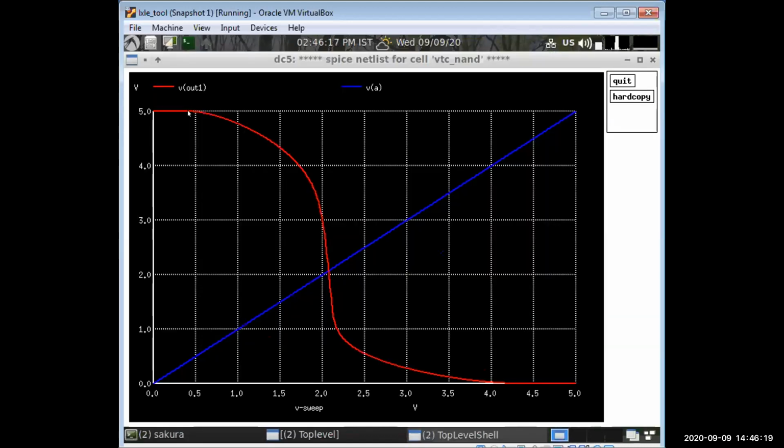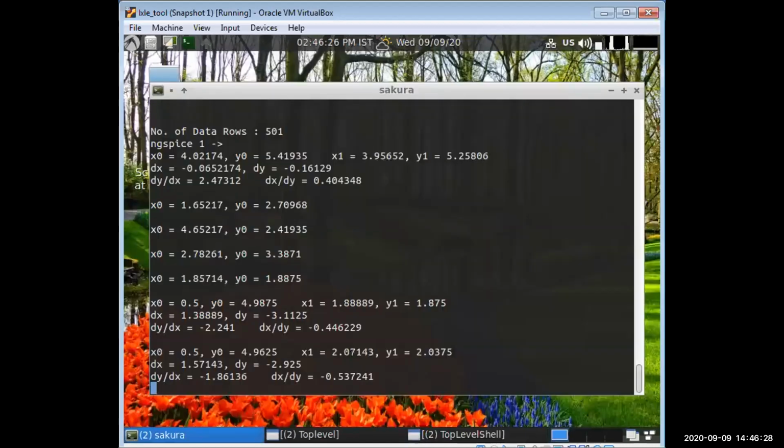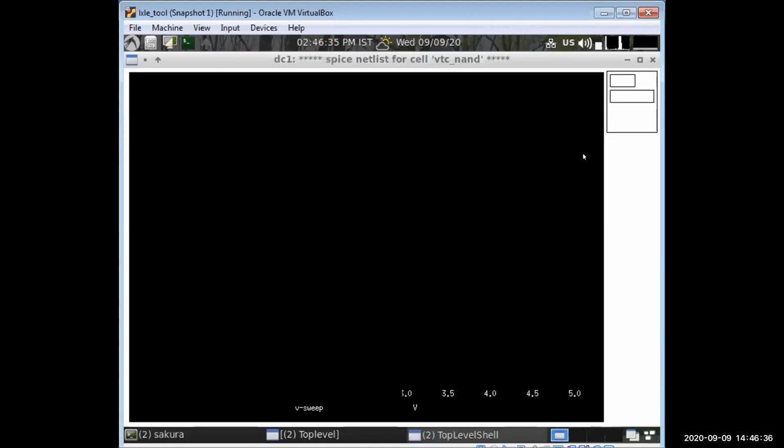For DC5, this is the trip voltage value, 1.57. This is 1.38. This is DC1.